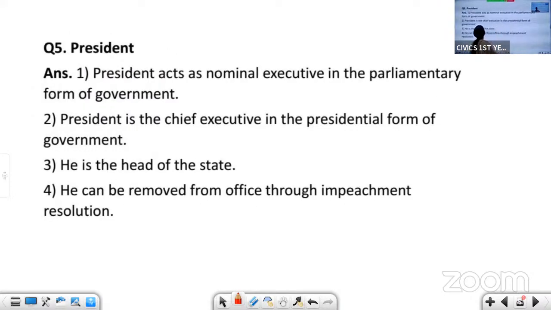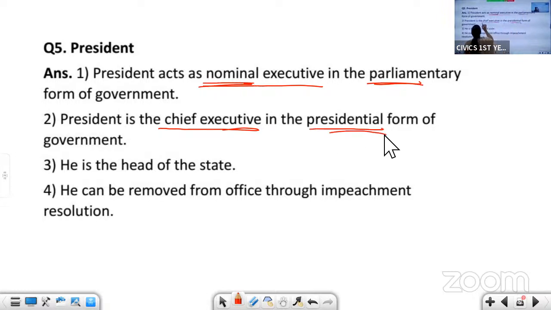Next is president. If you talk about parliamentary form of government, we have two executives where president is nominal executive. But in presidential form of government, president is the chief executive. See here, parliamentary government, president is nominal.